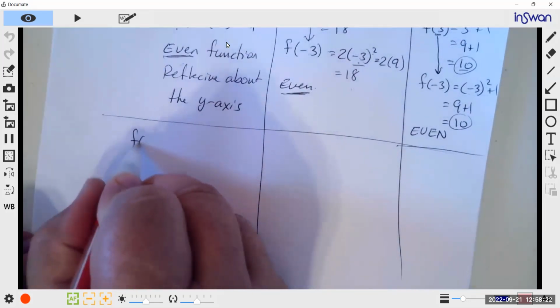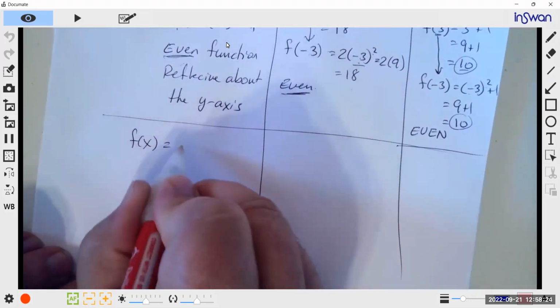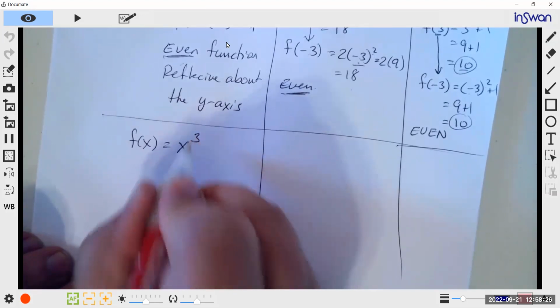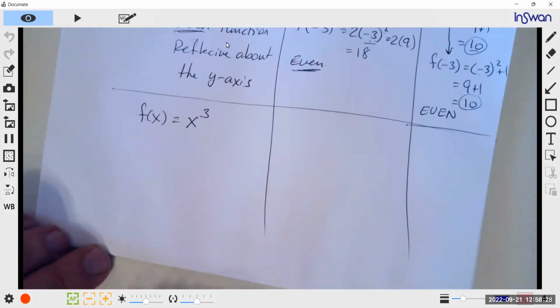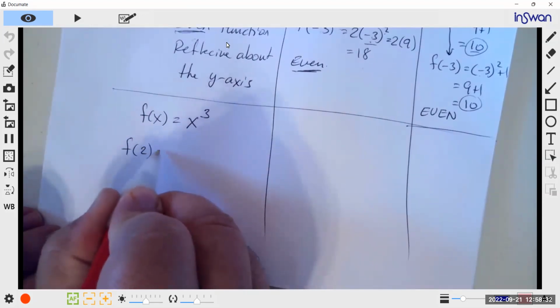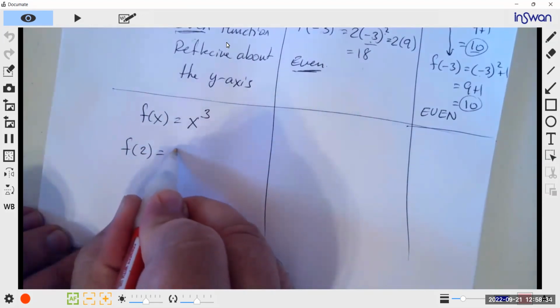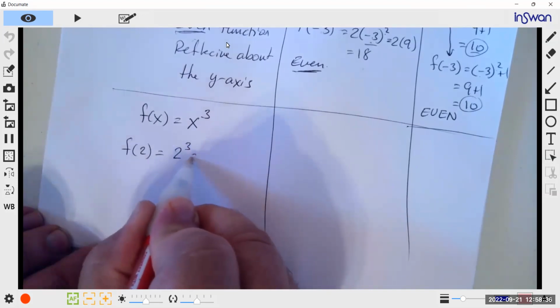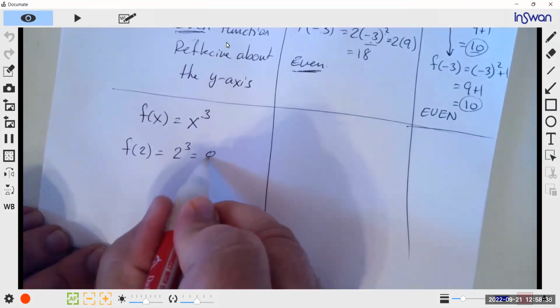Okay, let's look at odd exponent. So we have 2 to the third. 2 times 2 times 2 is 8.